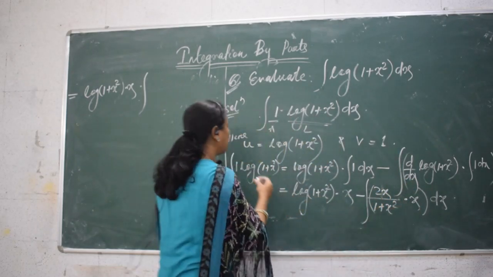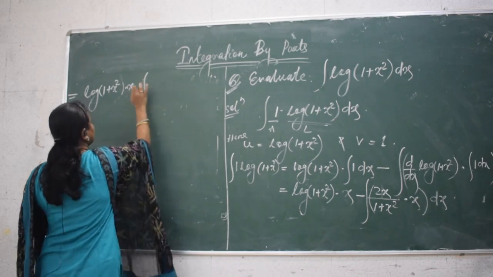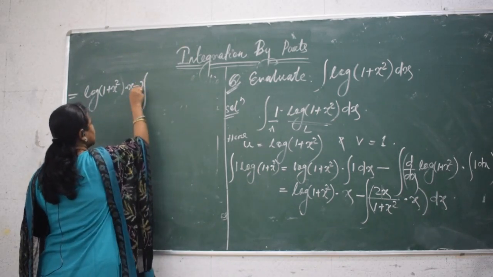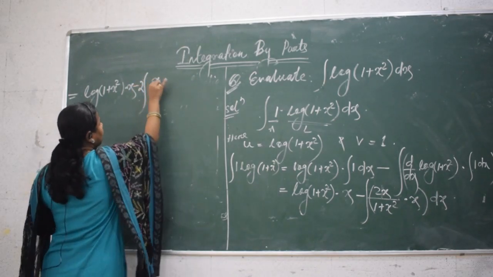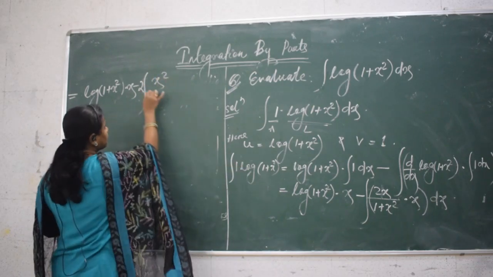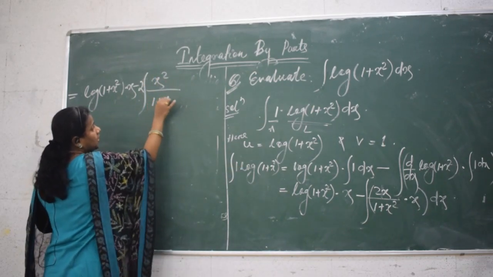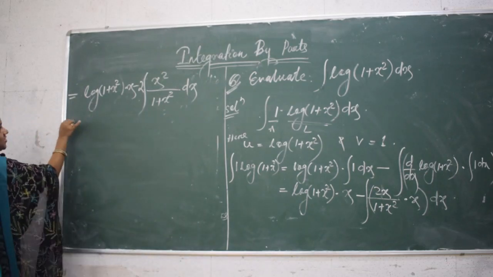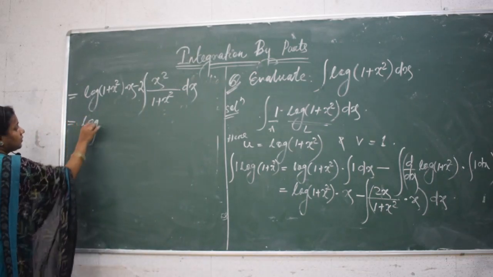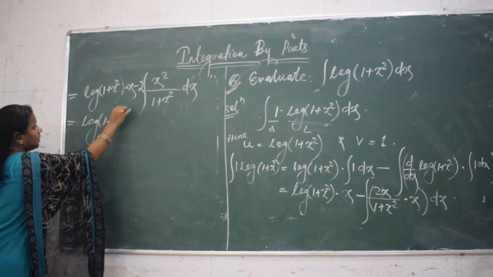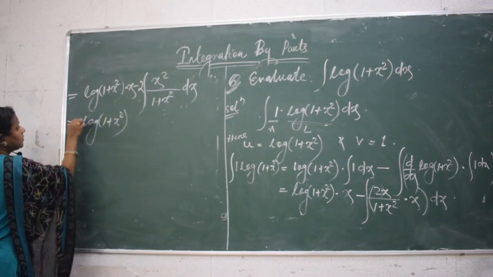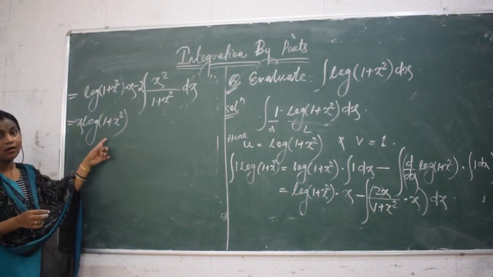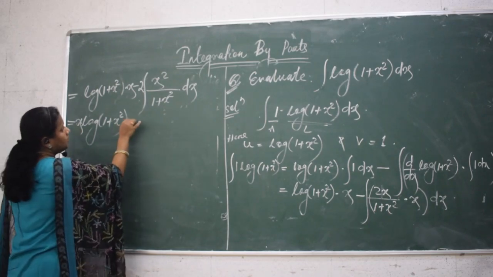If you multiply, 2 is a constant and the minus sign is there, so 2 comes outside, and x into x is x square, divided by 1 plus x square dx. So here it is x into log of 1 plus x square, minus 2.